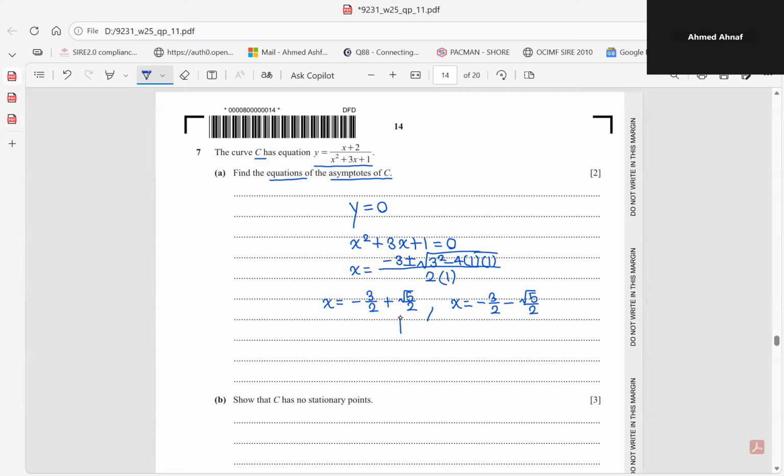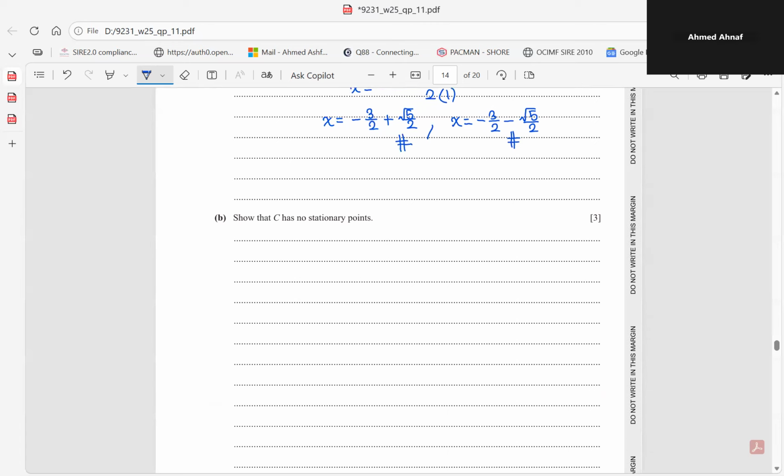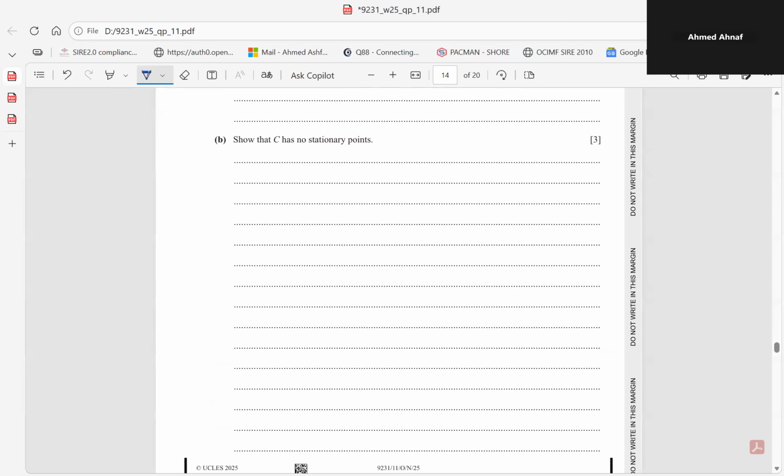So these two are the equations of our vertical asymptotes. Okay, let's move on to the next part.